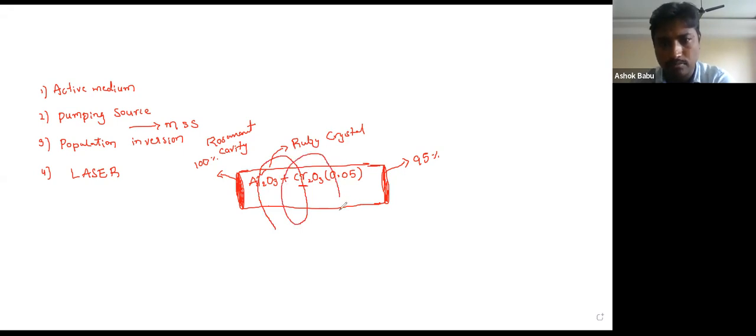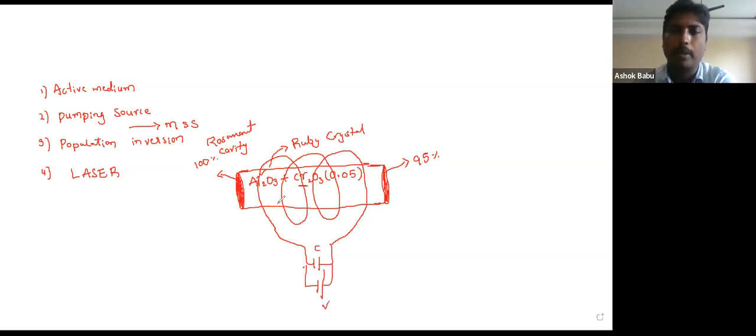This is the flash tube. It is connected to the power source. This is a capacitor bank connected to the power source. Capacitor potential we apply to it. And this is the construction part.